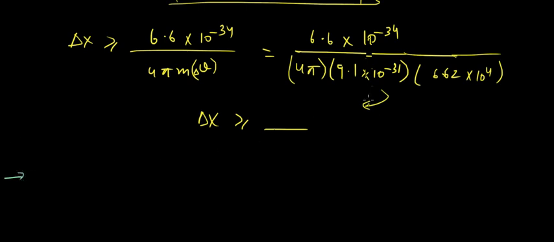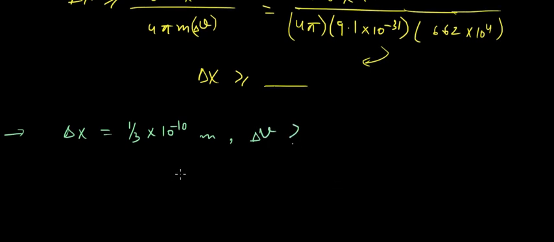But please learn how to do quick calculation without using a calculator, so it would be really helpful from your examination perspective as well. So the next question is, if the uncertainty in position of an electron is 1 by 3 into 10 to the power minus 10 meter, what is the uncertainty in velocity?